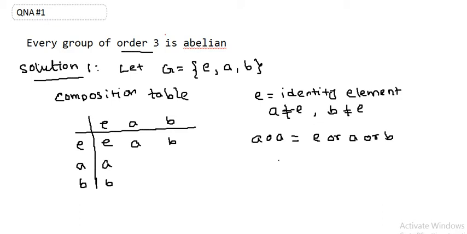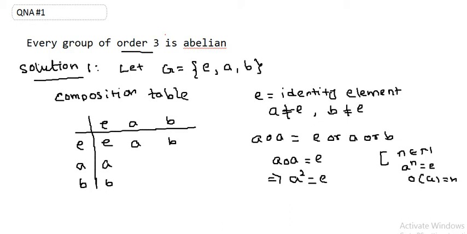Okay, let's take them one by one. What happens if A composed with A equals E? Then A composed with A equals A squared, so A squared equals E. From group theory, if for an element A we get a least positive integer n such that A to the power n equals the identity element, then the order of the element A is n.